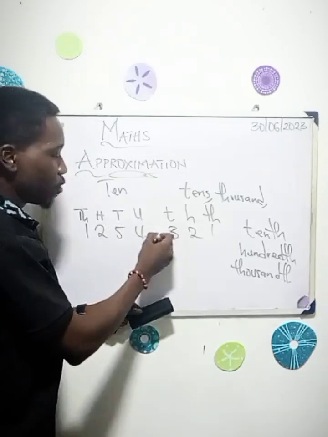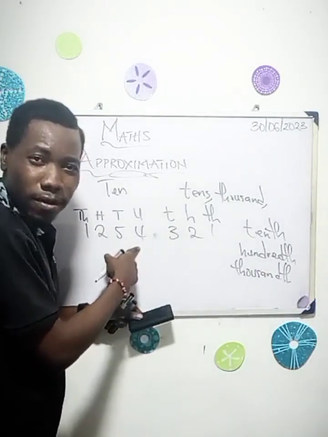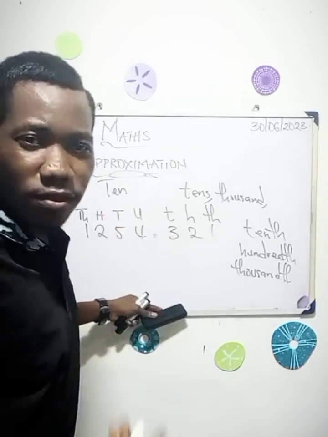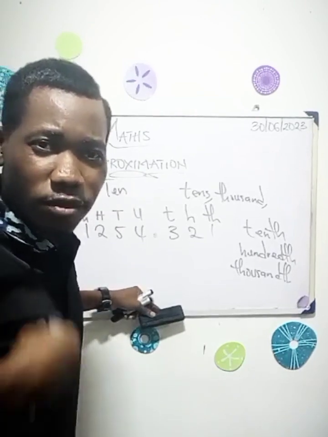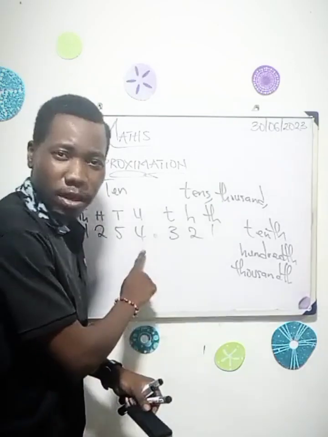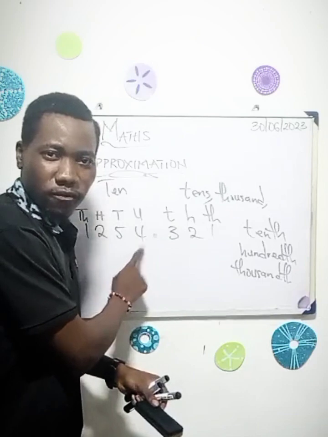So this is our decimal point. The nearest whole number is this place, the last whole number. That's the unit place. So whenever you see approximate to the nearest whole number, we're being asked to approximate to the unit place. That's the last whole number before the decimal point. In this case, it is 4.